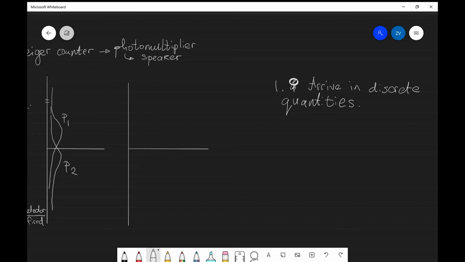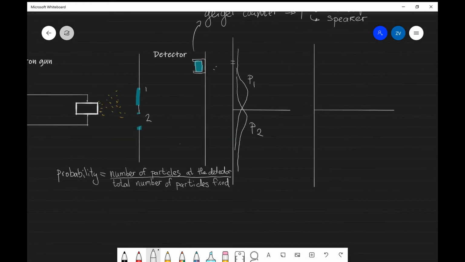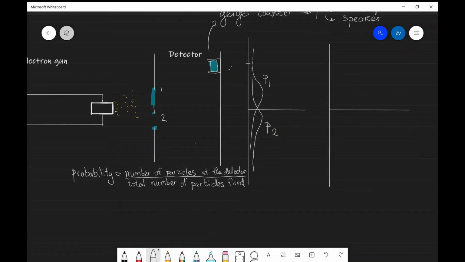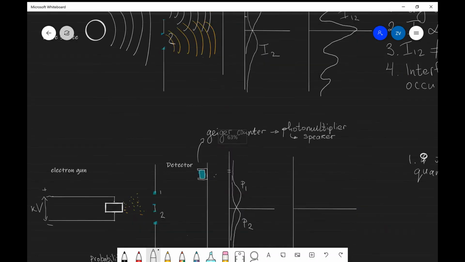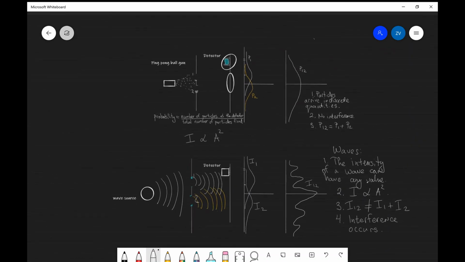Okay, let's have a look at the probability with both slits open. So I'm going to go ahead and open up slit number 1 and slit number 2. Now at this point we're definitely expecting that we're going to get a curve which is very similar to the curve for individual particles such as ping pong balls, because the electrons after all arrive in clicks.